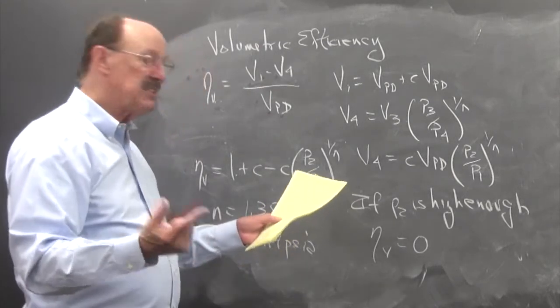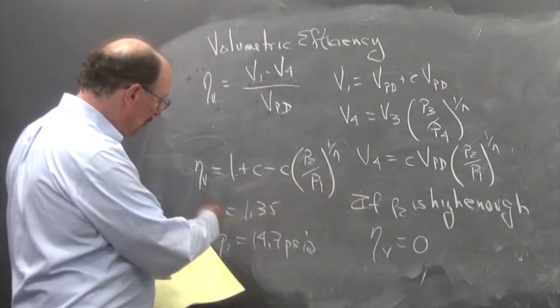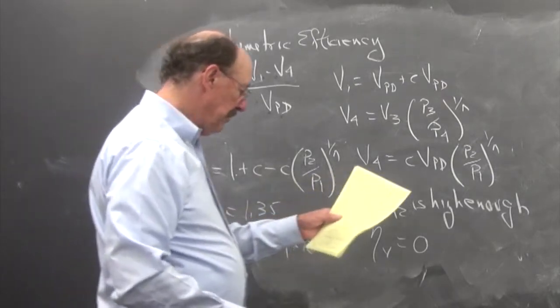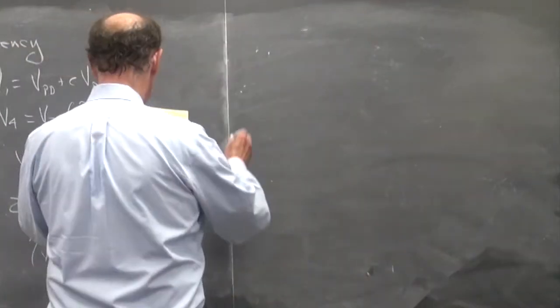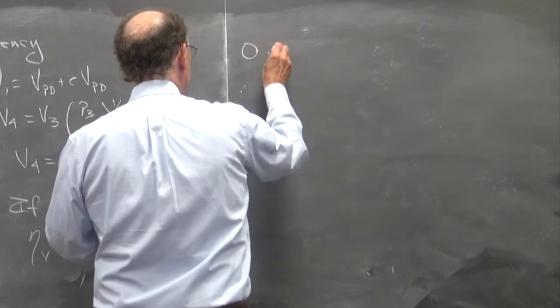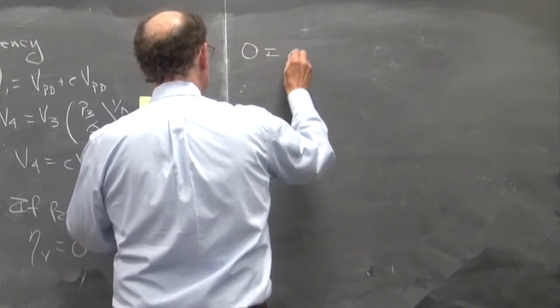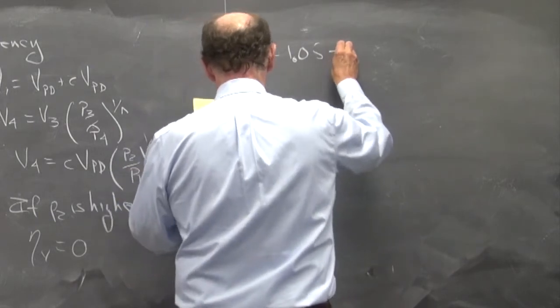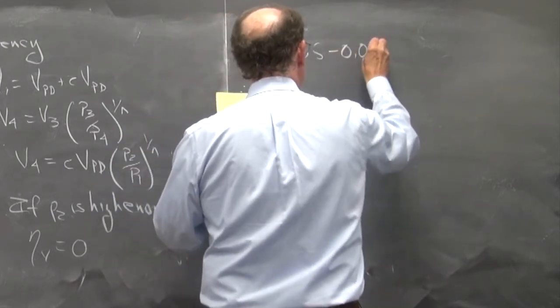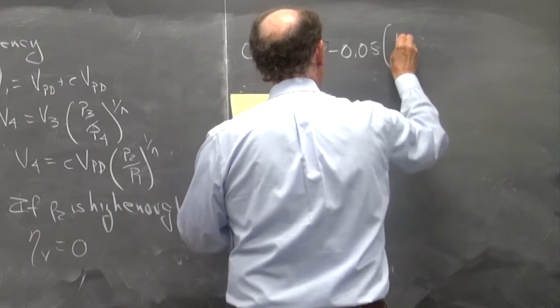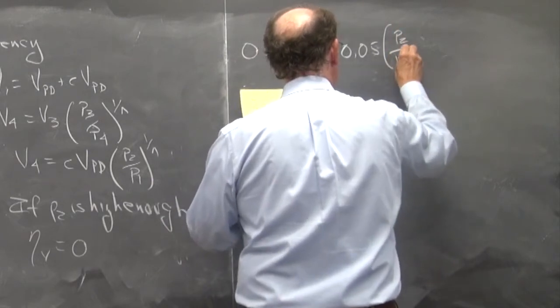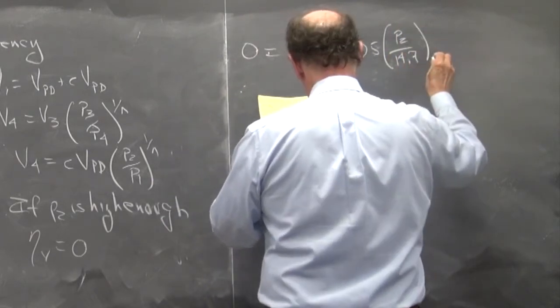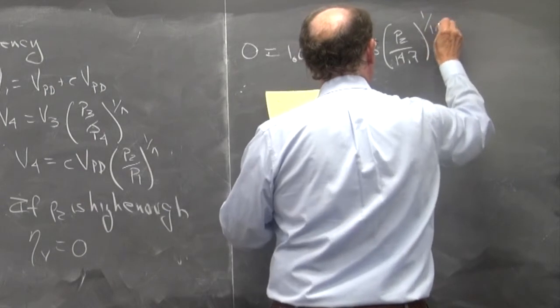So let's solve and see what that is for this case where we have this information. So I have 0 is equal to 1.05 minus 0.05 times P2 over 14.7 to the 1 over 1.35.